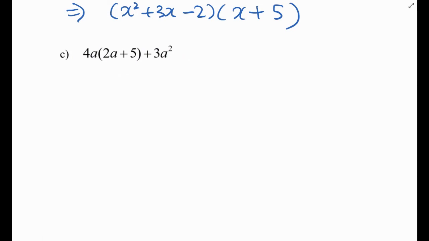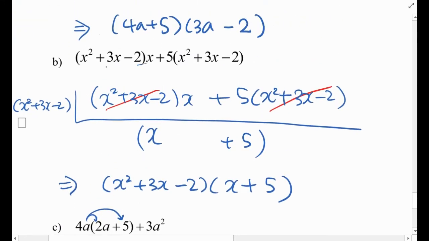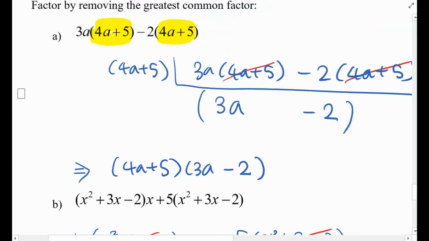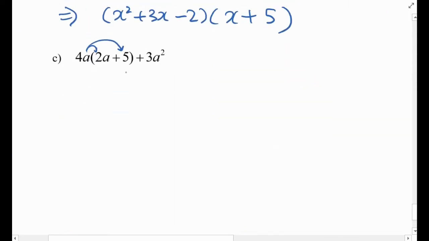So what we're going to do is we're going to expand. When you have a bracket, and the bracket is not the common factor, there's no bracket in common, in that case, it's better to expand.